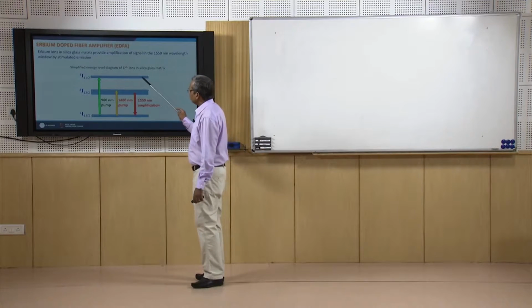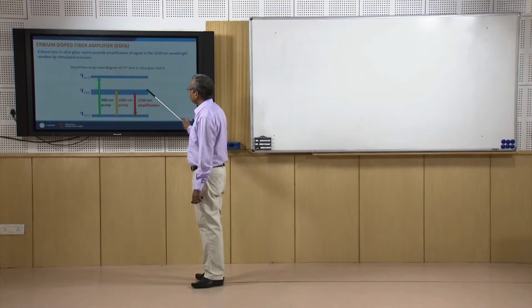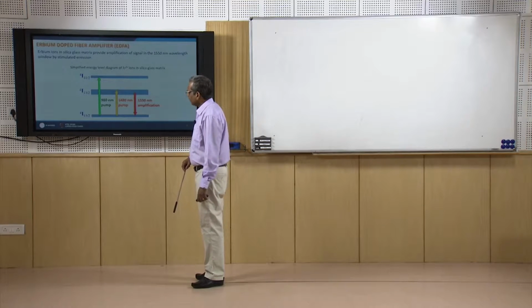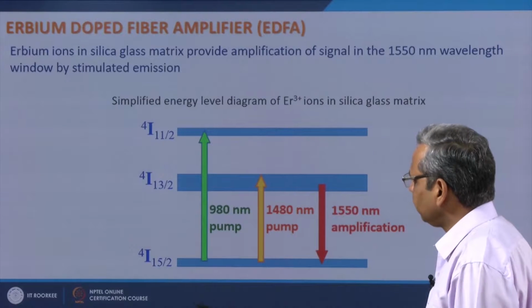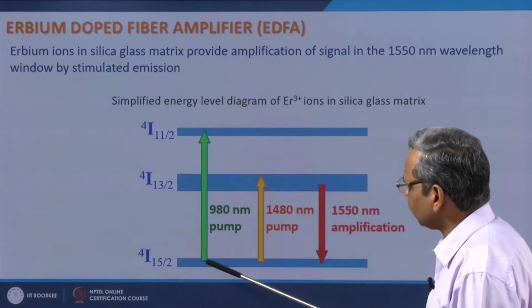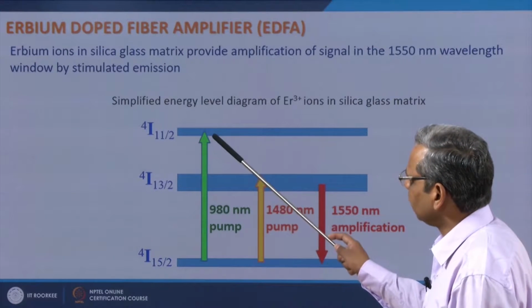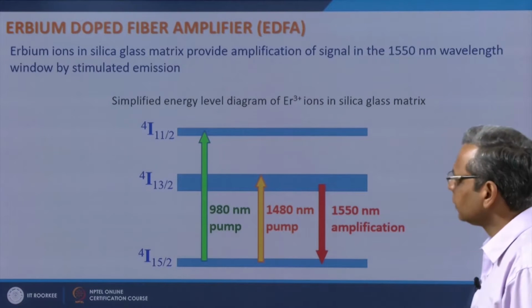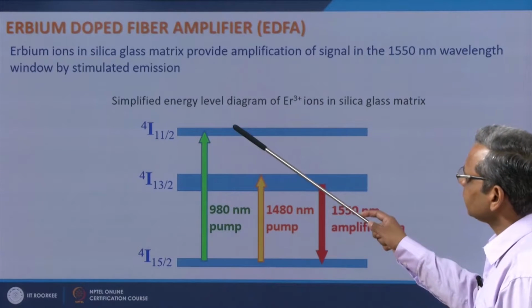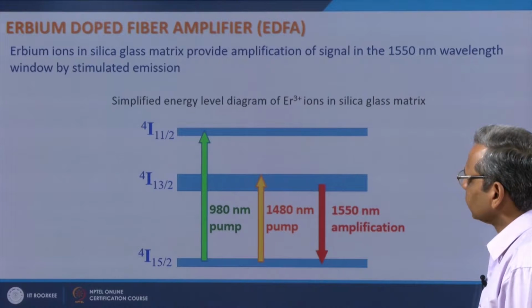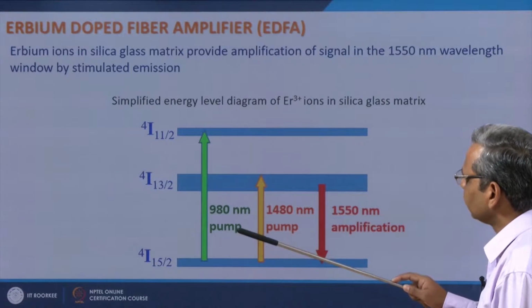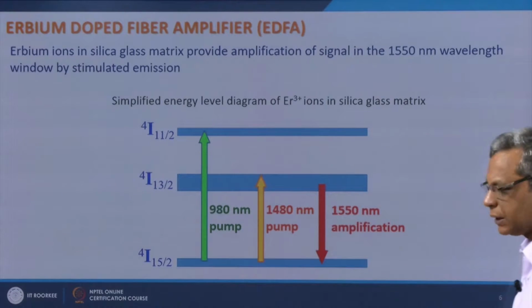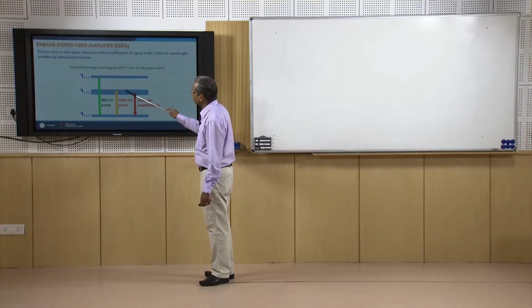This is short lived band and this is metastable. So, what you do, you use a 980 nanometer wavelength pump to lift atoms from this state to a higher state here, and since these states are short lived, they decay back to this state very quickly through non radiative transition and populate this level.